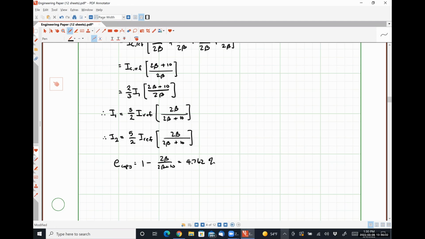All right, so this is the last thing that we're going to cover today. When we get back on Friday, we're going to talk about a scheme that we can employ to minimize this error, okay? Then we're going to talk about PNP current mirrors, which will be pretty brief, and then get into MOSFET current mirrors, and that'll be Friday.